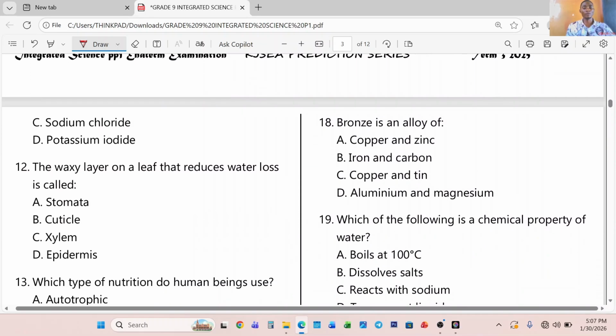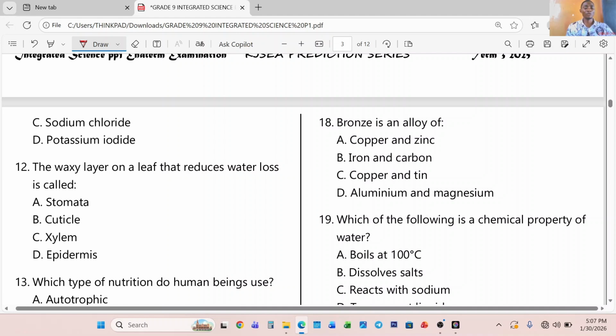Question number 12. The waxy layer on a leaf that reduces water loss is called. We have stomata, cuticle, xylem, and epidermis. Stomata are small pores that allow movement of gases in and out of the leaf. They also allow transpiration to occur.